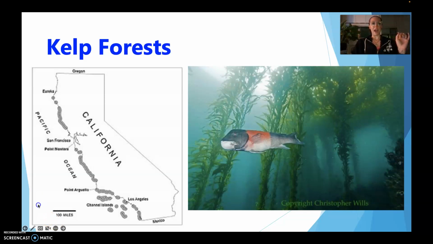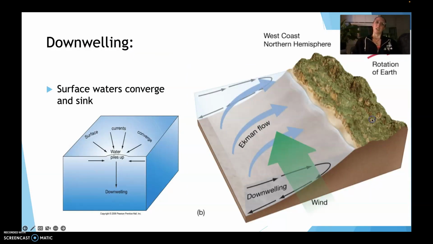But if we don't have enough sea otters to eat the urchin, then we have a huge influx of urchin, and they eat all the kelp, and then the kelp forests disappear, which is not great when you're trying to keep kelp forests alive, because they are very, very important not only for being nurseries and homes for many different species, but they also provide us with a ton of oxygen as well.